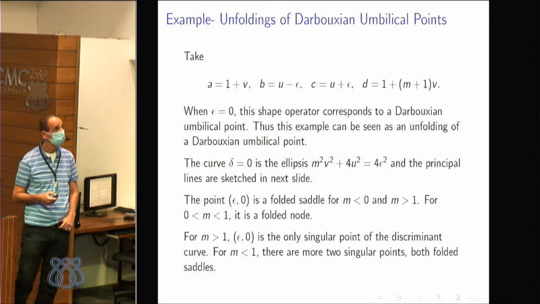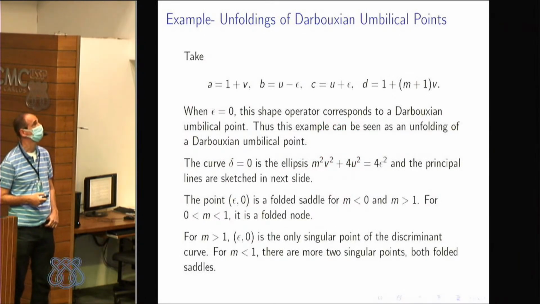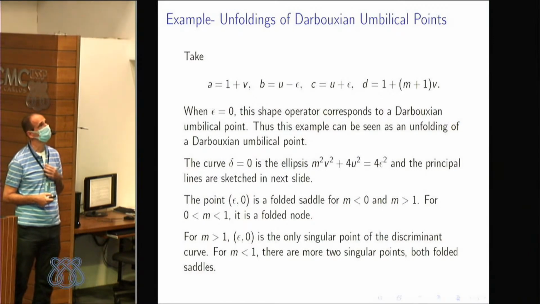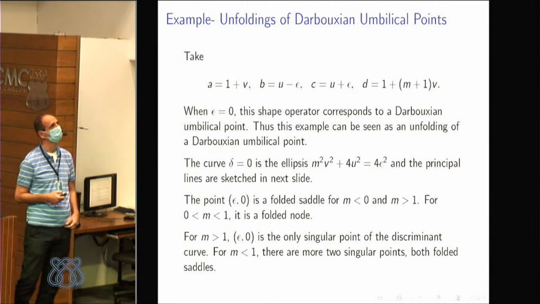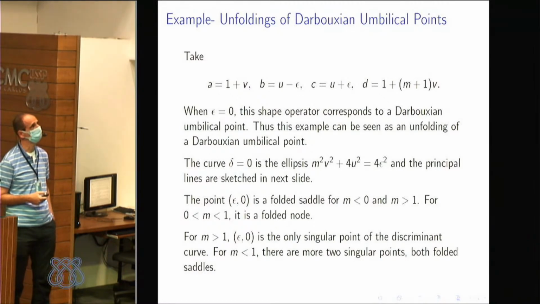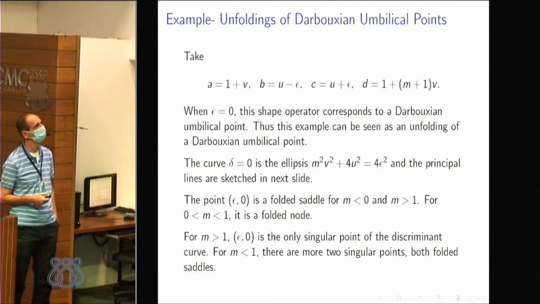An example is we can consider this shape operator when epsilon equals 0. These shape operators correspond to a Darbouxian umbilical point. Thus this example can be seen as an unfolding of a Darbouxian umbilical point.